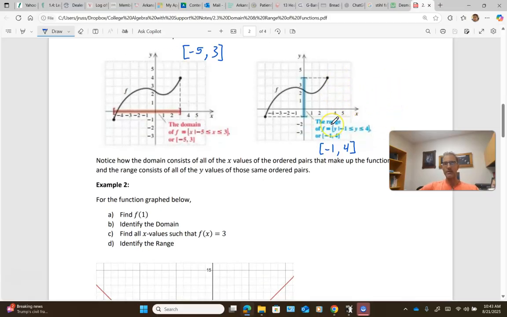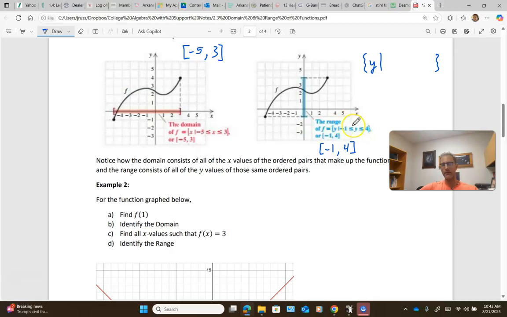Now, if you're expressing this in what's called set builder notation, you write it like it's a set, so you use these curly braces, but you say all values of y such that, and then you list the characteristics that y would have, such that y is between -1 and 4.